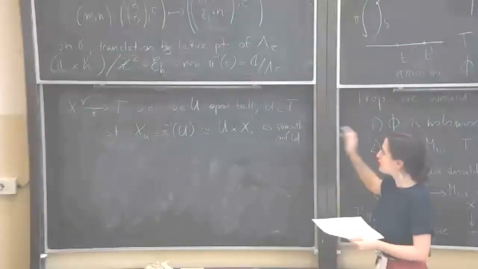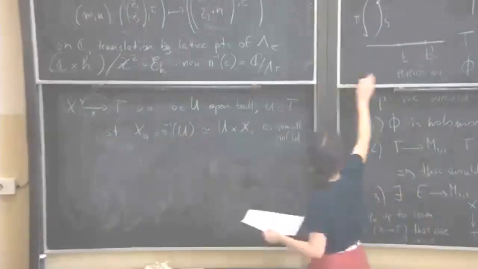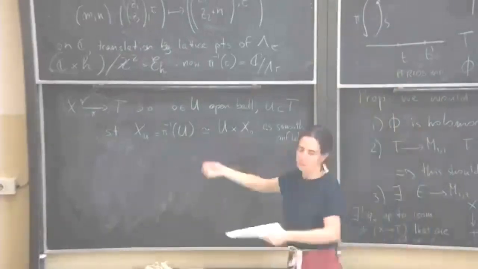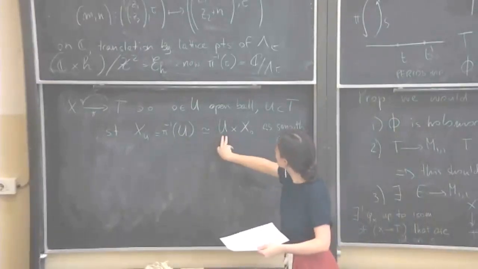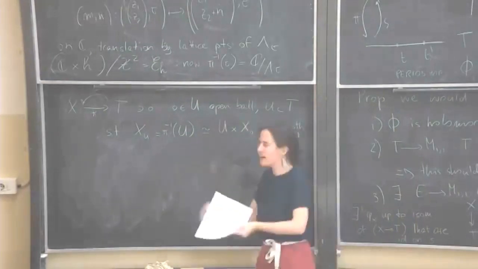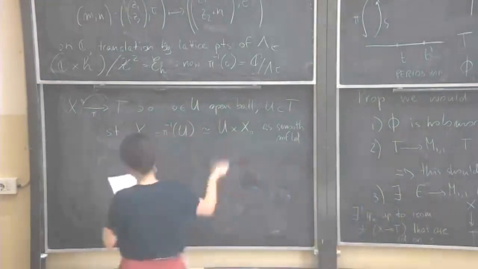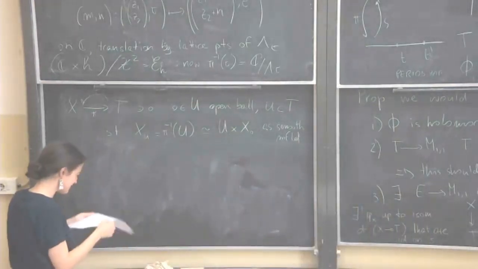So we want to be able to trivialize basically in neighborhoods of points. Suppose that we can take balls that are small enough to be able to do this, and that it's actually possible. We have to put that as a hypothesis.